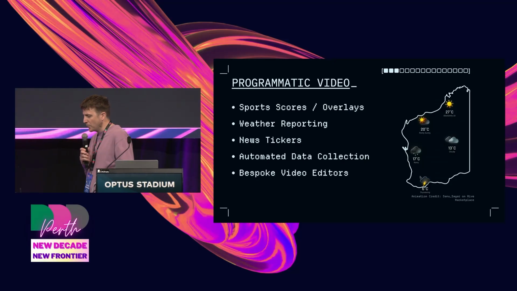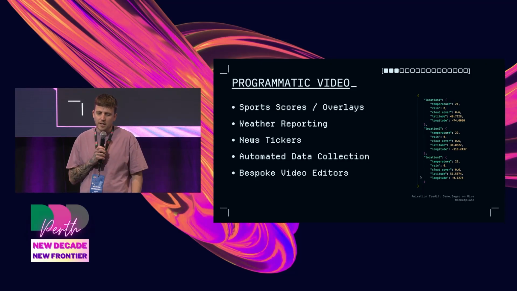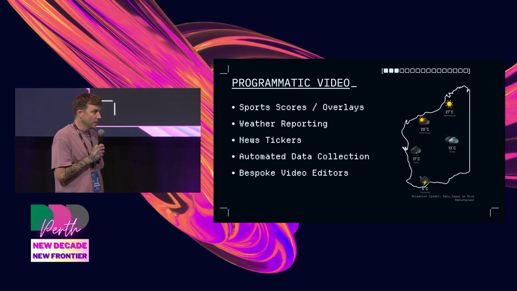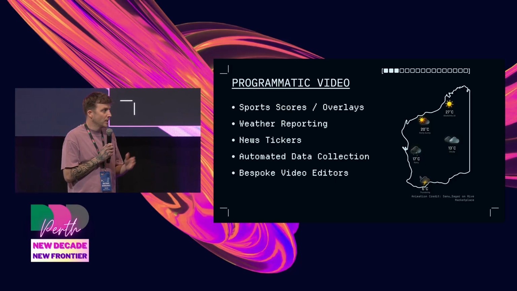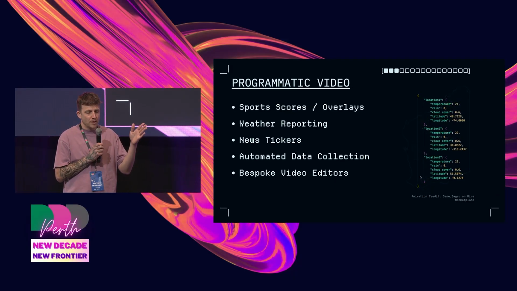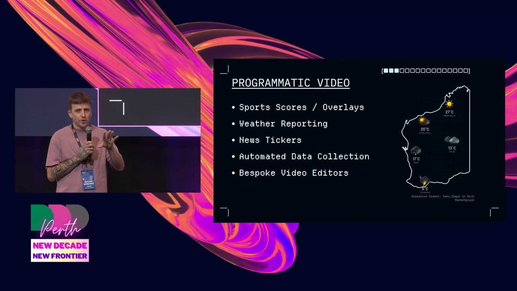So what is programmatic video, and what are some examples of programmatic video that you might see in your life? If you're watching sport, which I guess, we're at the sports stadium today, so when people are watching the game at home on their TV, if it's AFL, you might see in the bottom right corner the score for the game.